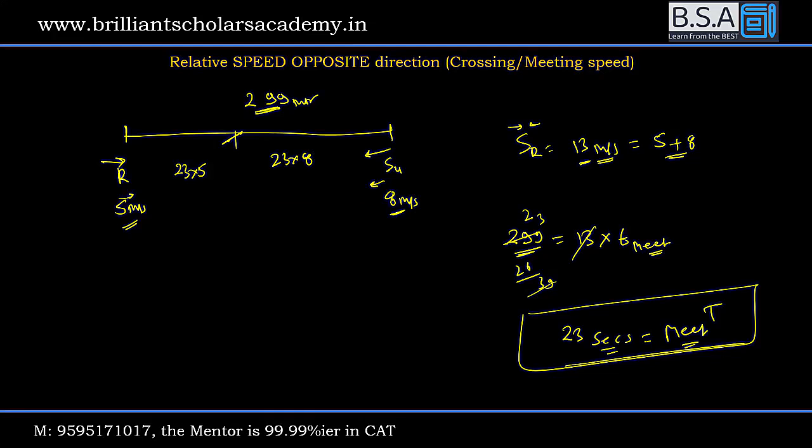They are crossing each other at a speed of 5 and 8, that is 13 meters per second. Confirmation on this.